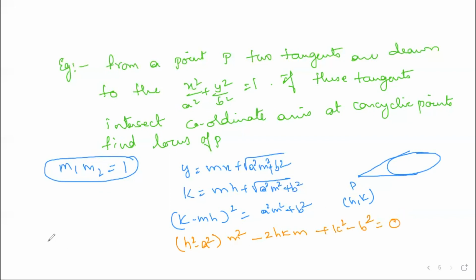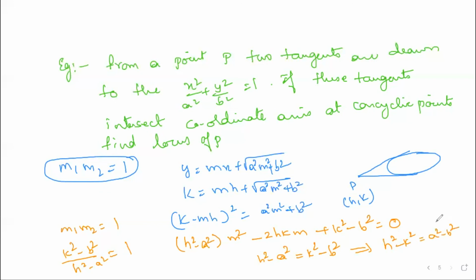If this has the roots m1 and m2, we know the product of the roots is 1, but the product of the roots from the equation is k square minus b square by h square minus a square, equal to 1. Rearranging, h square minus a square is equal to k square minus b square. So we will be getting a hyperbola here, and the locus can be written as x square minus y square is equal to a square minus b square.